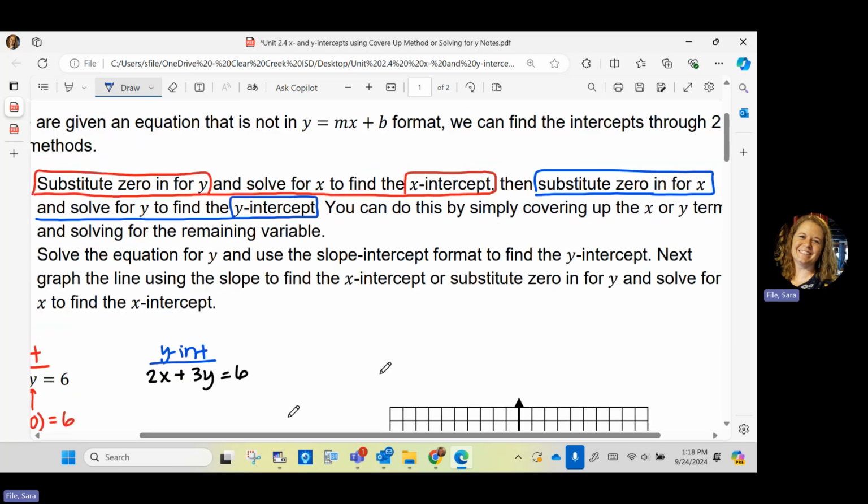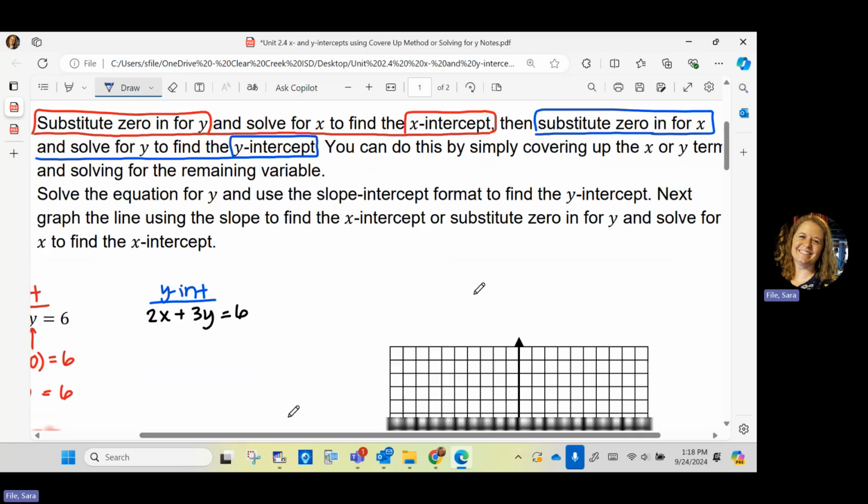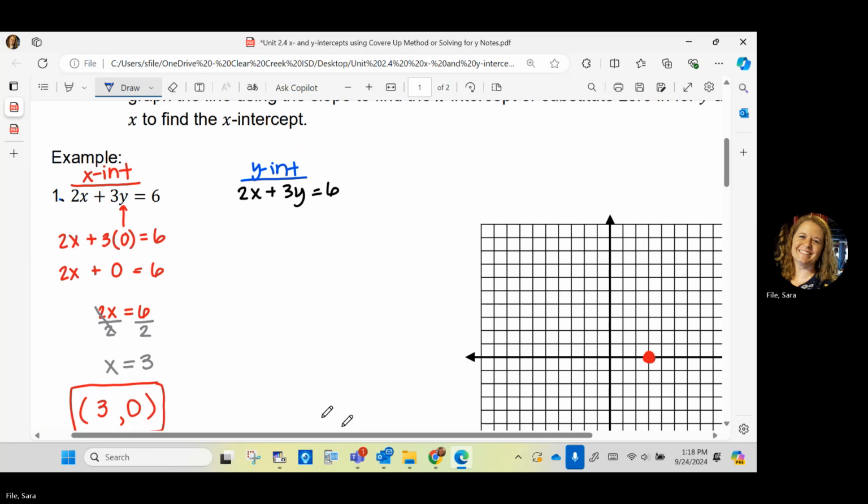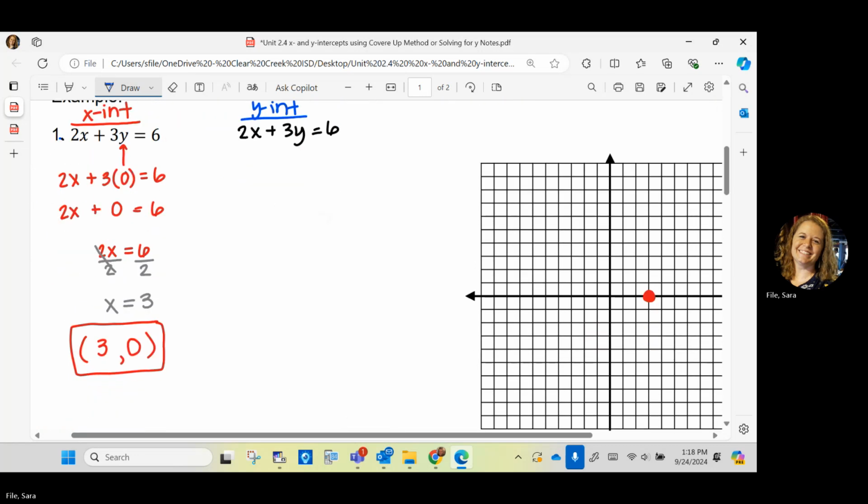So this time we're going to plug a 0 in for x. In place of the x, I'm going to put a 0. Everything else stays the same. We said a second ago, 0 times anything is 0. So 2 times 0 is also 0.